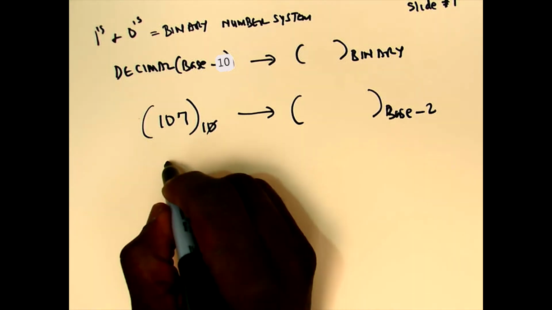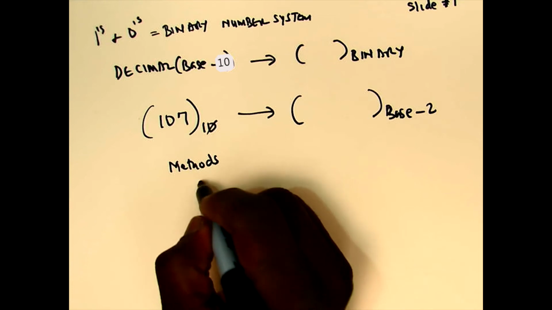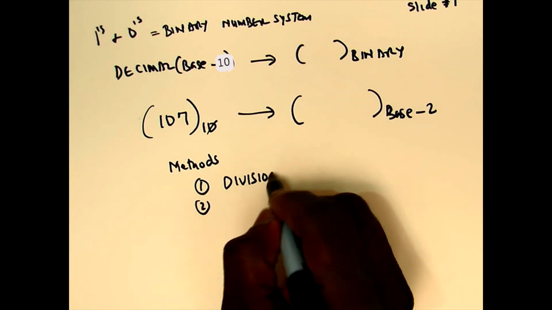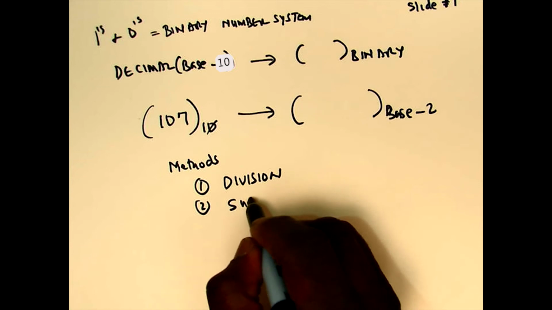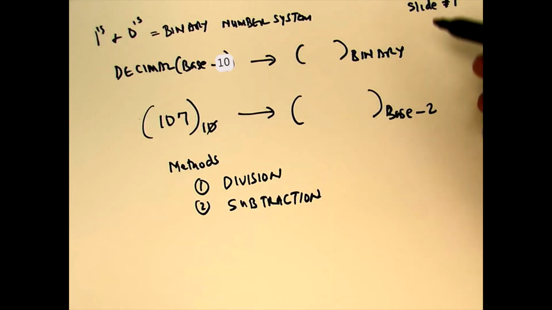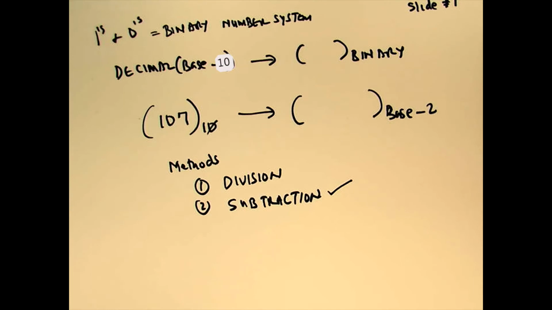There are two methods to do this. One is the division method. The other is the subtraction method. If you go to the library, any book in computer science will tell you all this, so we don't have to waste time. The better of the two is the subtraction method.